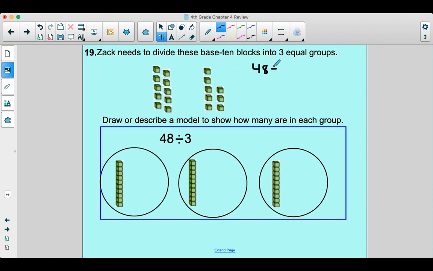divided by 3. We're using the distributive property at this moment. We've already taken out 30 of them. We did 30 divided by 3 is 10, right? So 10, 20, 30 divided by 3, 10 went into each group. Now, there are 18 left. Those are these. Now, do you know what 18 divided by 3 is?